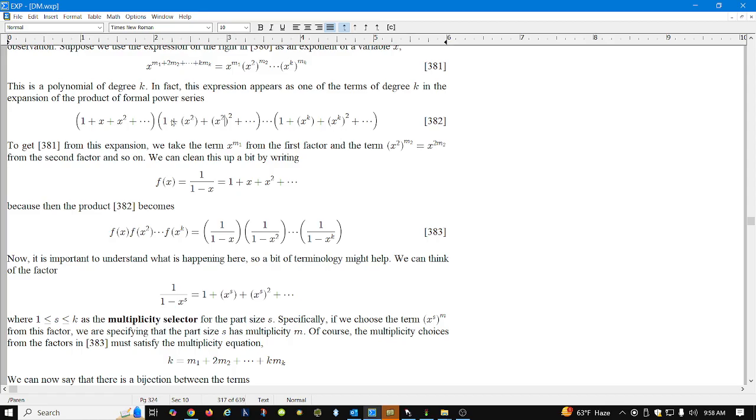So I might want to refer to this expression, an arbitrary one of these factors, as a multiplicity selector for that particular part size.